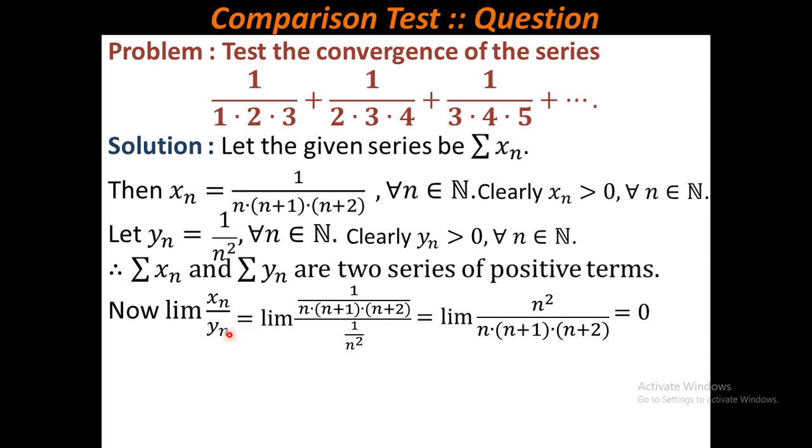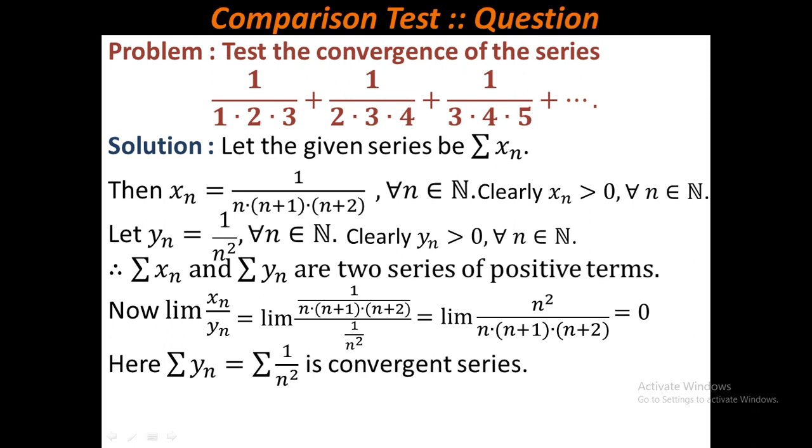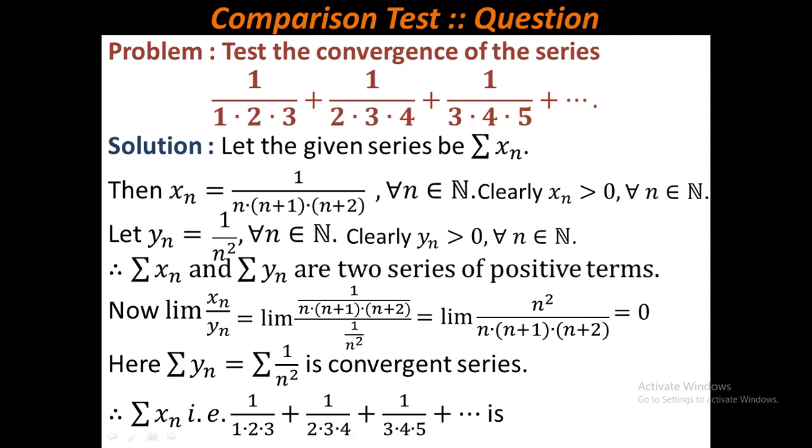If yn is convergent, then xn is convergent. When xn is divergent, then yn is divergent. But here yn is a convergent series, because this is a p series with p equal to 2, that is greater than 1. So the limit is 0, but here the denominator is a convergent series, that is, the larger series is convergent. As a result, we can conclude that summation xn is a convergent series, that is, the given series is convergent. So if you take yn equal to 1 by n square, you get the result.